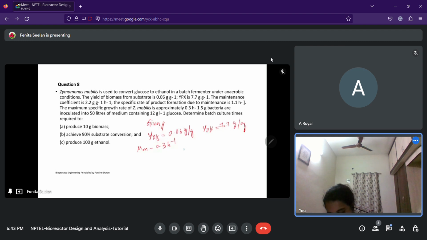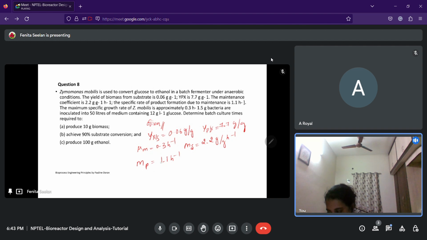What else is given? Maintenance coefficient MS is 2.2 gram per gram per hour, and MP, maintenance with respect to product, is 1.1 per hour.